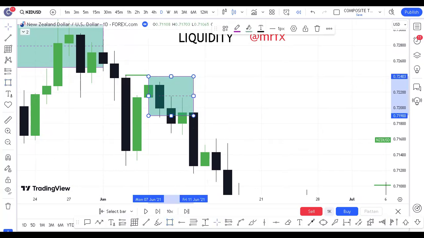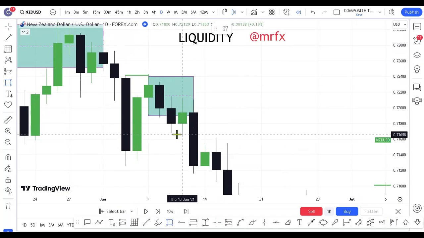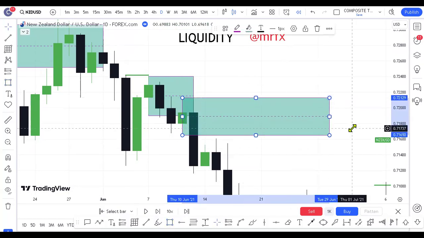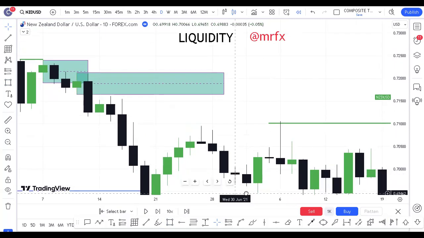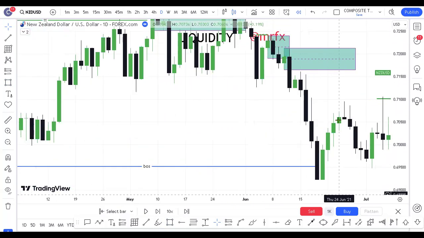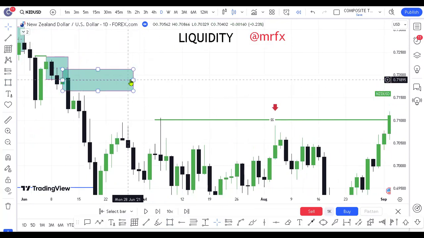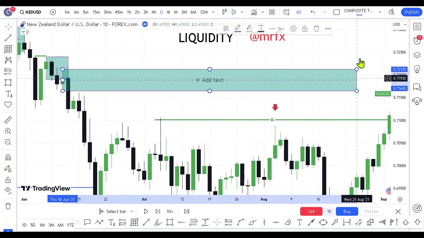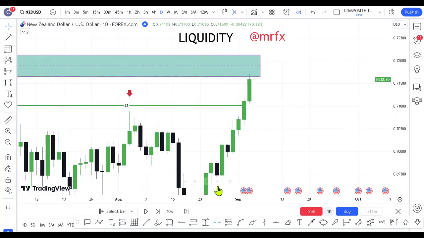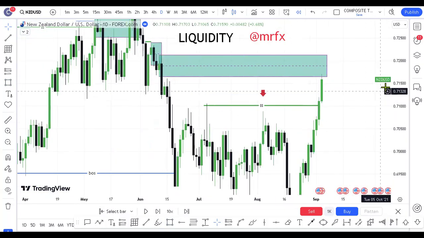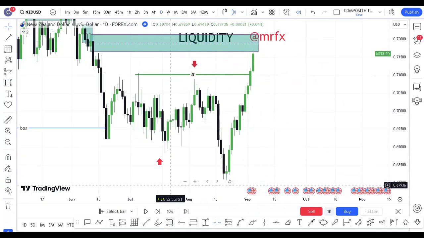This is already mitigated. Probably we have this as our hidden supply somewhere here. The price is likely to mitigate that particular zone and you get a drop to the downside. Or it can even sweep that particular high, right? There. You can see that's your hidden supply. There, let's see what happened.